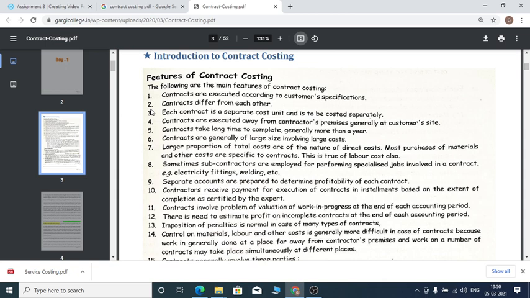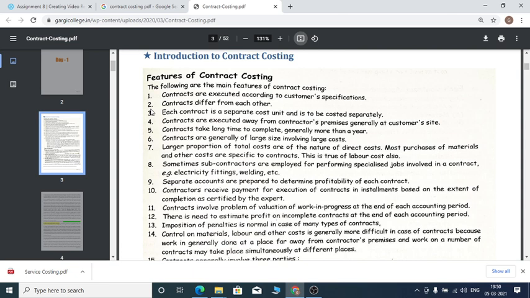Contracts involve problems of valuation of work in progress at the end of each accounting period. This means under contract costing, some of the jobs would be in the form of WIP. Maybe at the end of the first year your contract is just 10% complete, 15% complete. So you have to calculate the work in progress value.